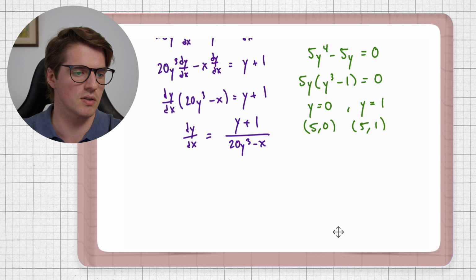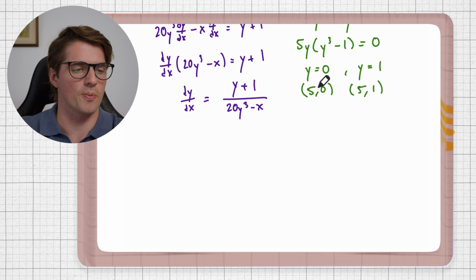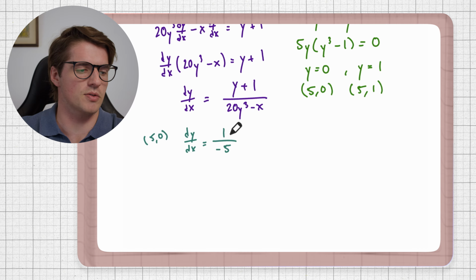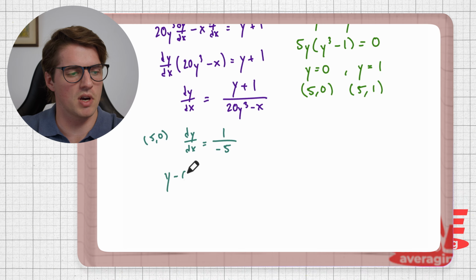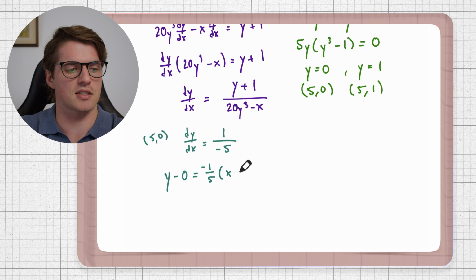Okay, so let's go down and work on our tangent lines. So if we first plug in (5, 0), we get dy/dx at (5, 0) is 0 plus 1 over 20 times 0 minus 5, so negative 1/5. And our equation is y minus y1, which is 0, is equal to the slope, negative 1/5, times x minus 5.